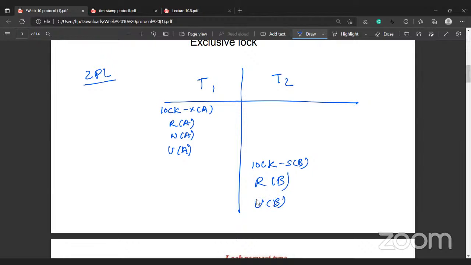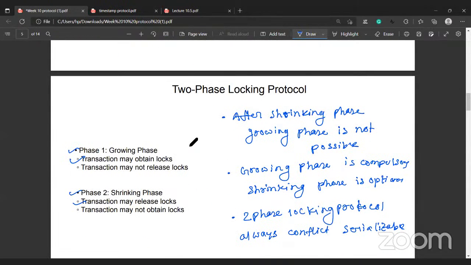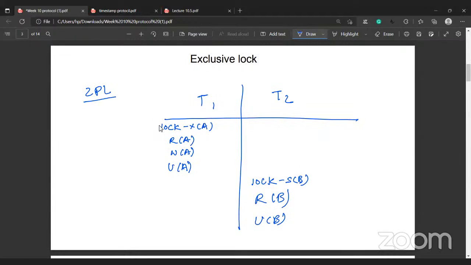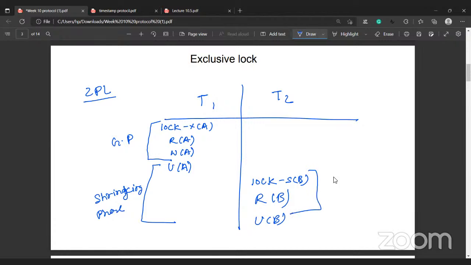So does this follow the two-phase locking protocol? You can see this. What is the growing phase? It may obtain locks, right? So this is the growing phase, and this is the shrinking phase in transaction T1. And this is for transaction T2: this is the growing phase, and this is the shrinking phase.